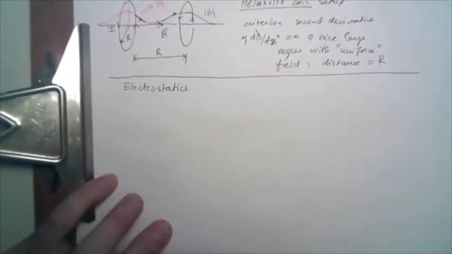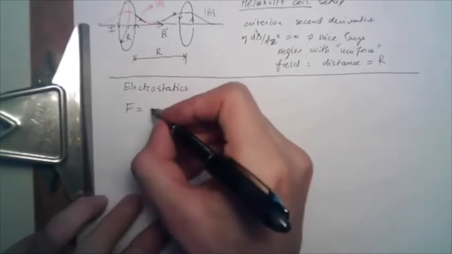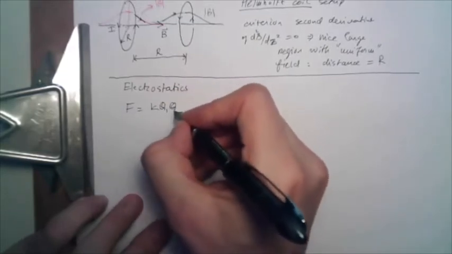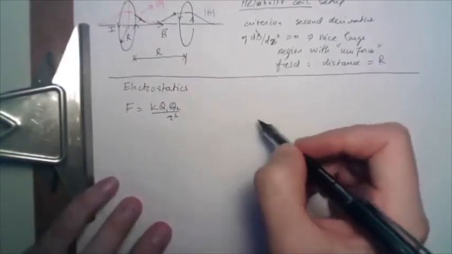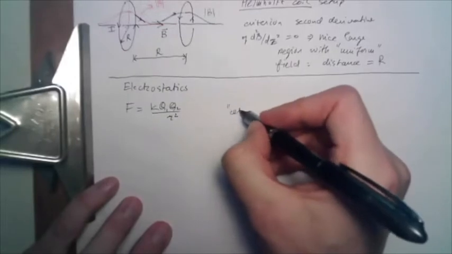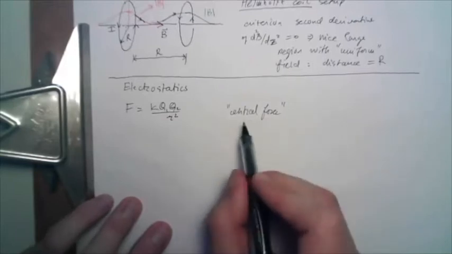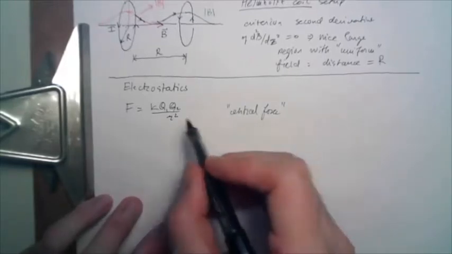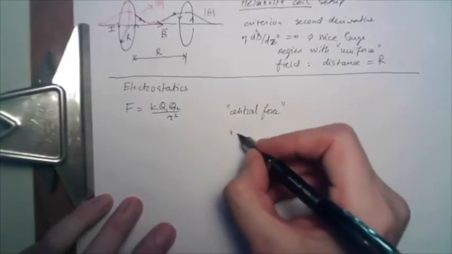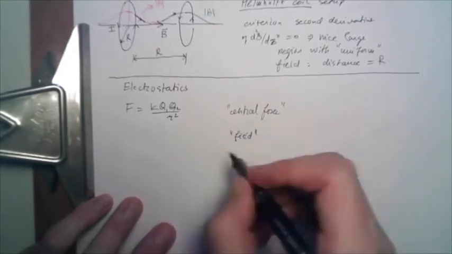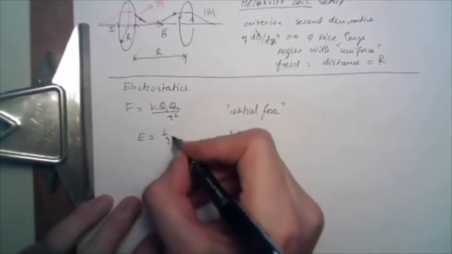In electrostatics, we have the Coulomb force law, which is K Q1 Q2 over R squared, and that's the central force that we use to start our discussion with. And then we got a field, which was the electric field, and the electric field went like 1 over R squared.